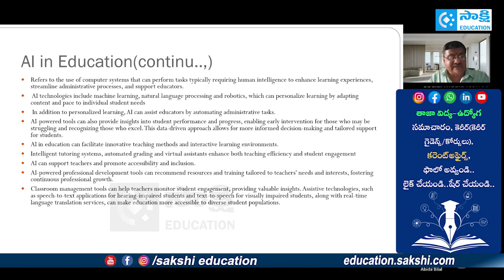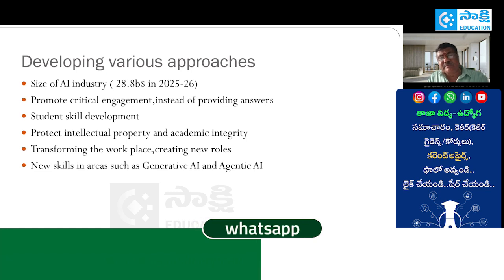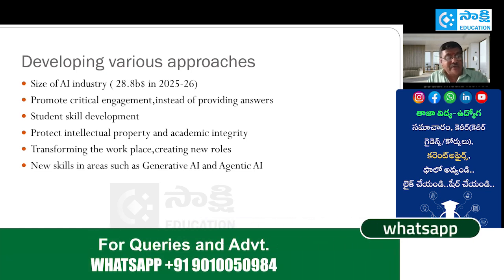These are the three important approaches required to be developed to realize the educational potential of artificial intelligence. And artificial intelligence is expected to continue transforming the workplace, creating new roles and requiring new skills.